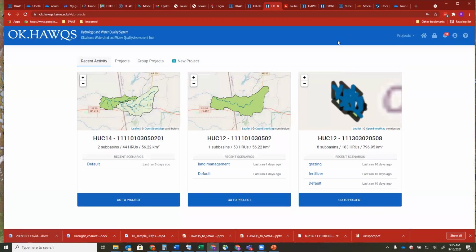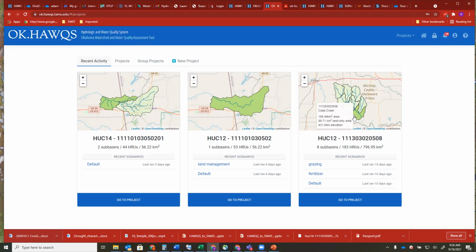When I click on My Projects, you'll see a dashboard that shows all the projects I've created so far. If I have multiple scenarios, it shows for each project the different scenarios I have run, and also whether I ran the project with HAWQ12 or HAWQ14, meaning what resolution of the data set.